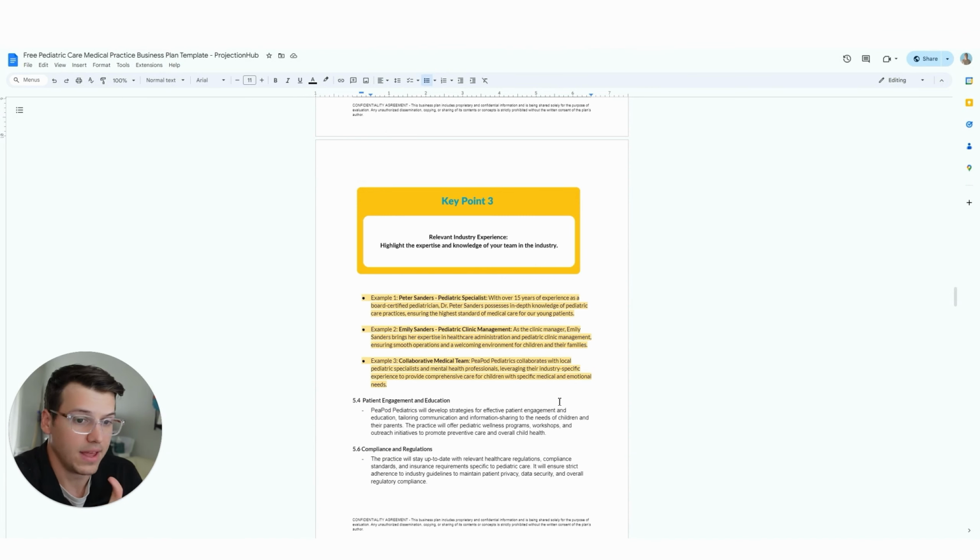Because it's a medical field, it's a little more black and white than non-medical fields. In non-medical fields, someone might be coming from a completely unrelated industry to open a different type of business, and they need to demonstrate why they can do that.